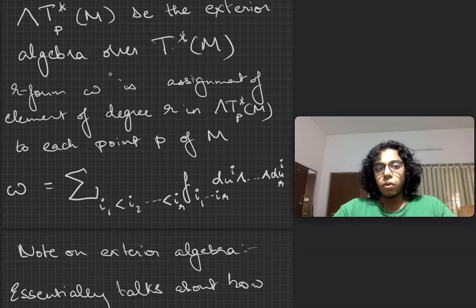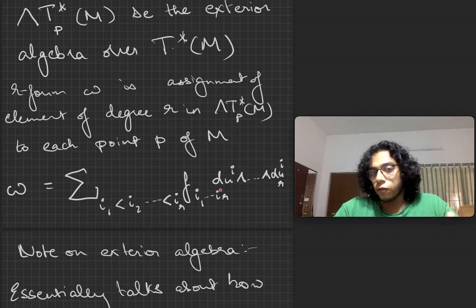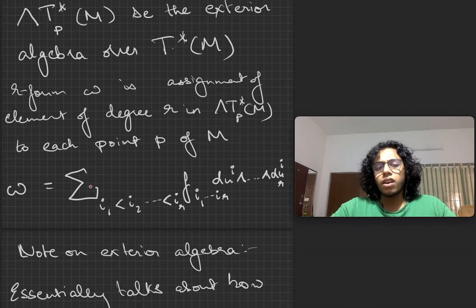And what is an R form? An R form is basically when you take the wedge of two or more differential elements, so you have dUi, or two or more one forms.